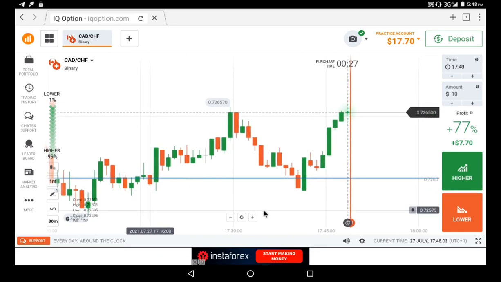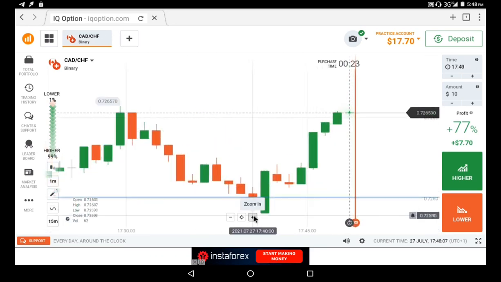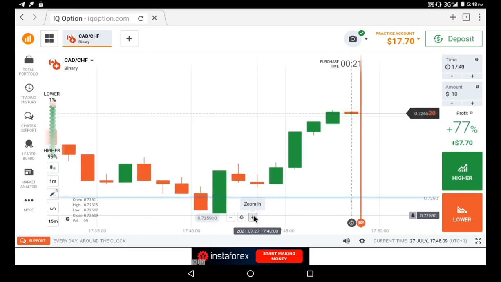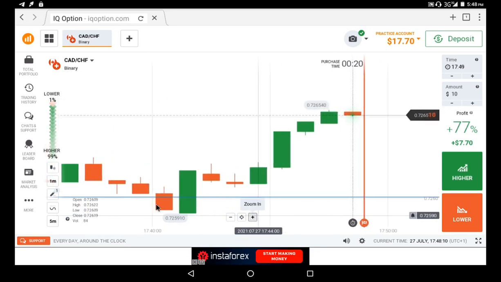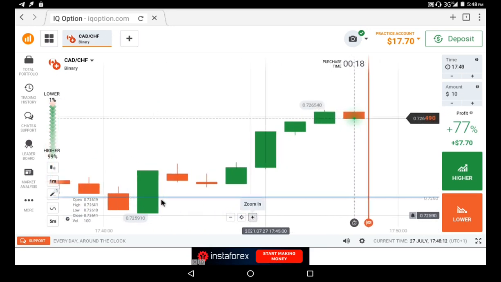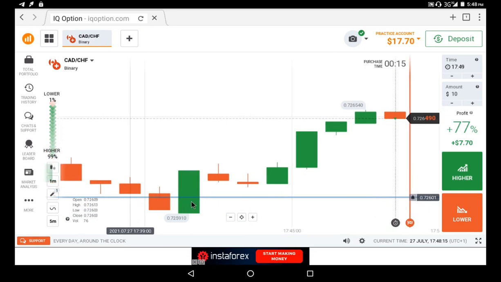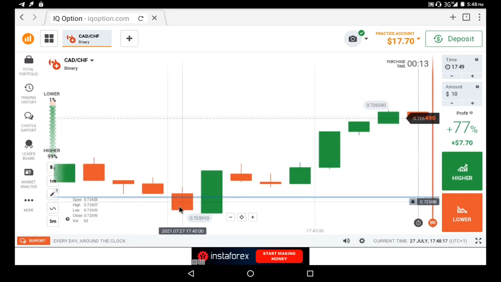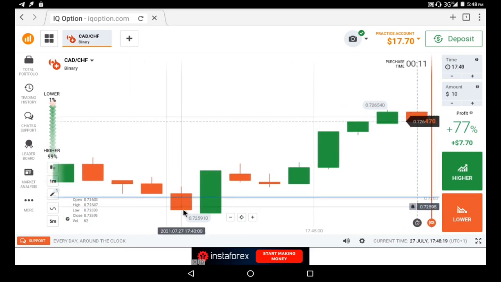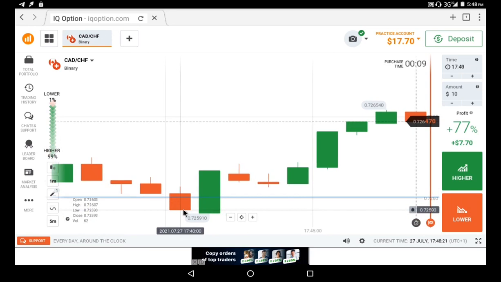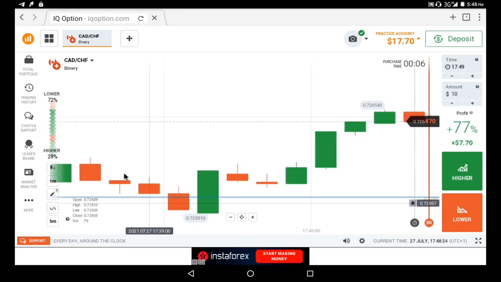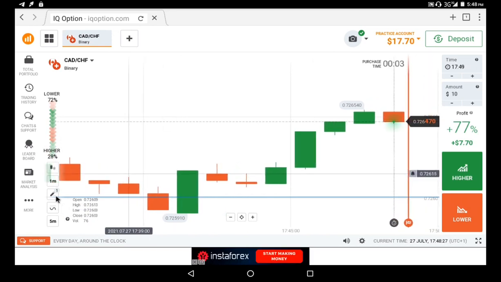Now what happened here? You will notice that this bearish candlestick closed exactly at this area, but there was a gap down here.